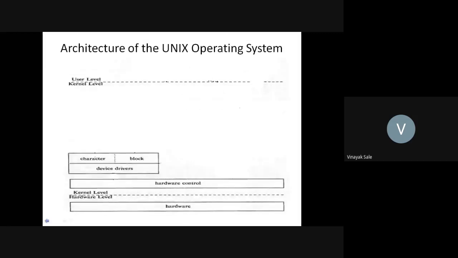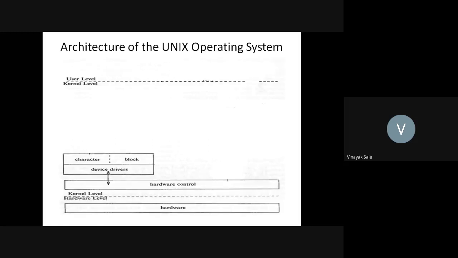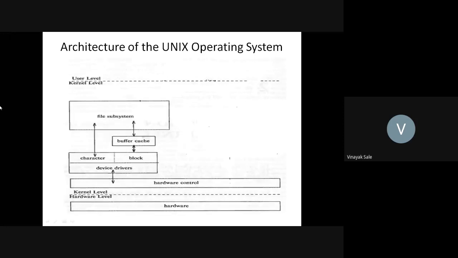Then there are device drivers, connected in two types, character and block. These device drivers are connected to the hardware control. Then there is again the file system.